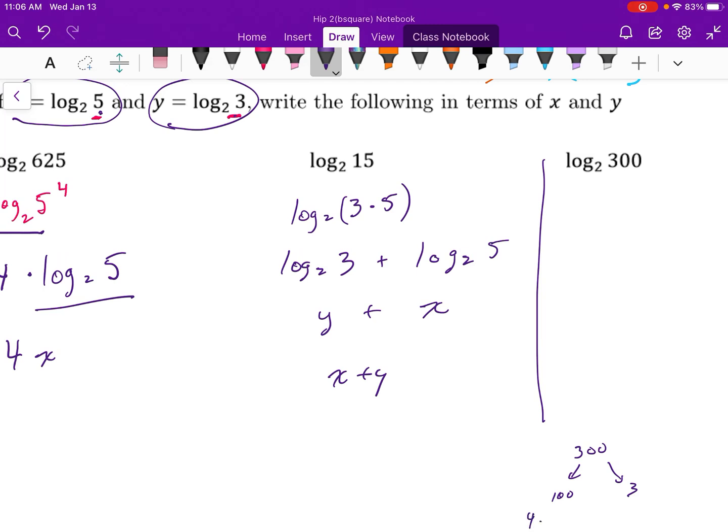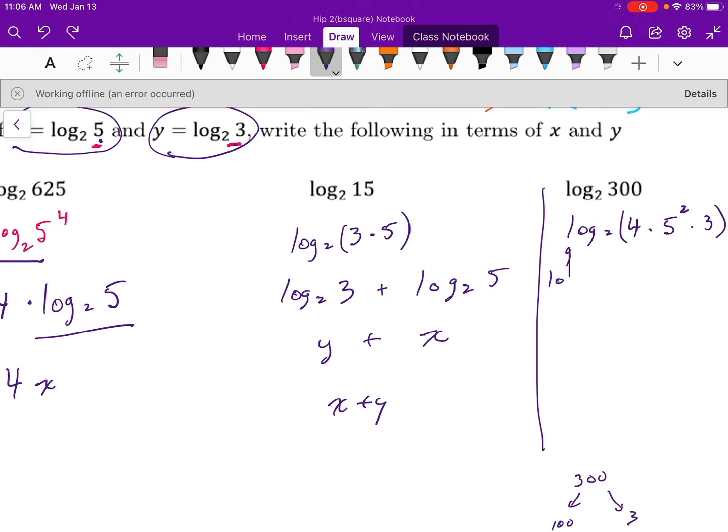So this is really 100, and this is really 3. And 100 is 4 times 5 squared, right? And this is 3. So really, this is log base 2 of 4 times 5 squared times 3. We could split it up like this.